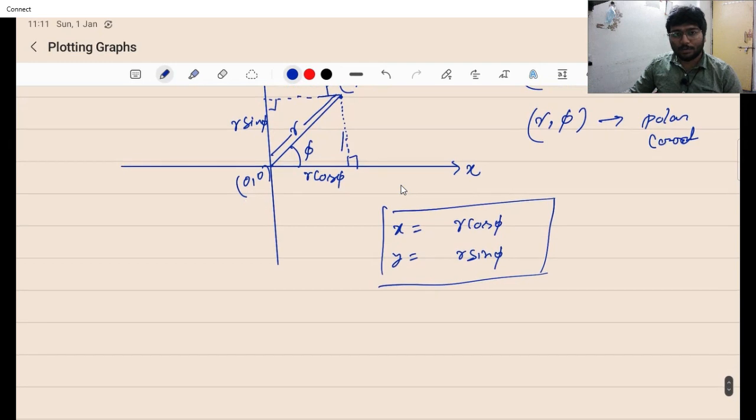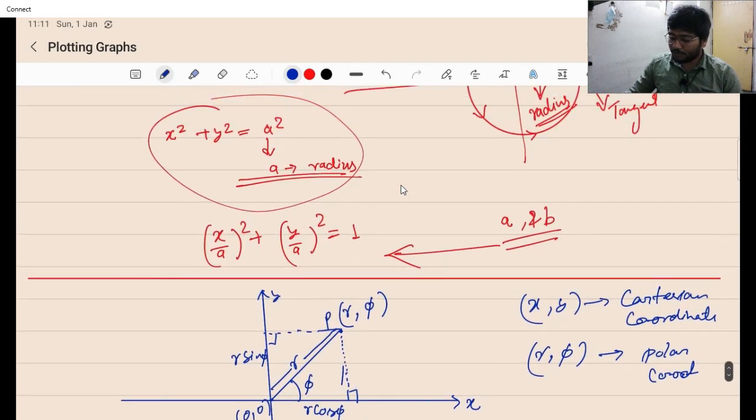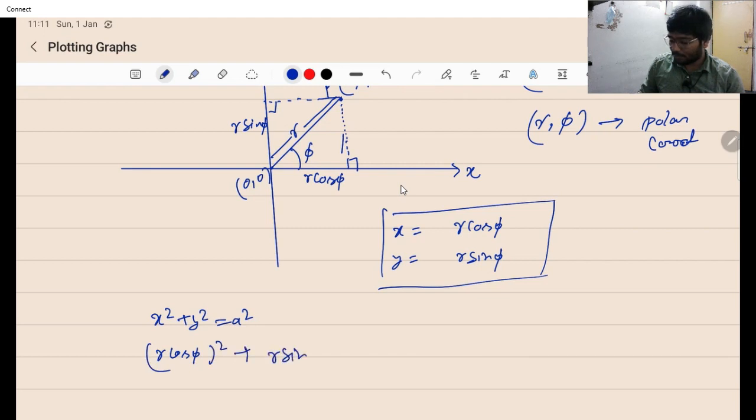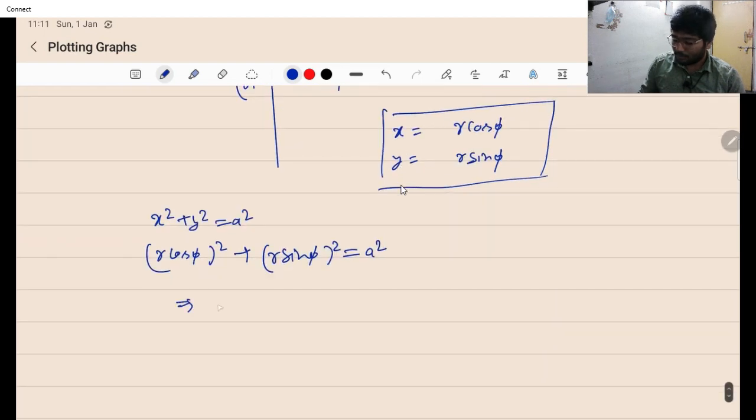We know the equation for the circle, right? So how does this equation look in a polar coordinate system? Let us see. x square plus y square is equal to a square. Write x as r cos phi, whole square, plus r sin phi, whole square, equal to a square. So r square cos square phi plus r square sin square phi equal to a square.